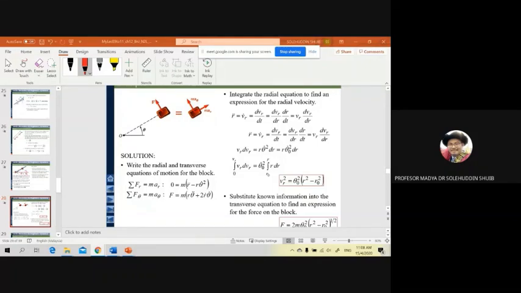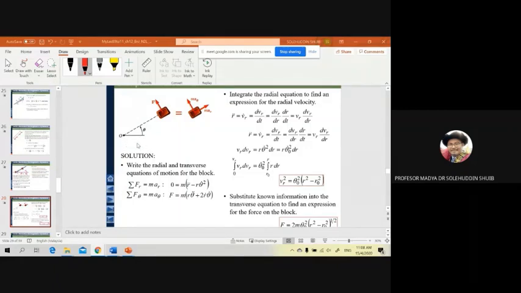If you see the diagram, we have O here, and then theta.